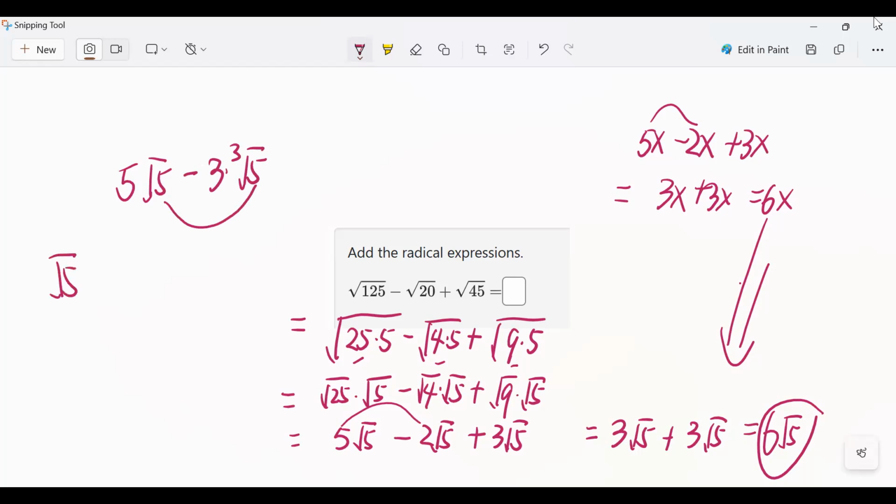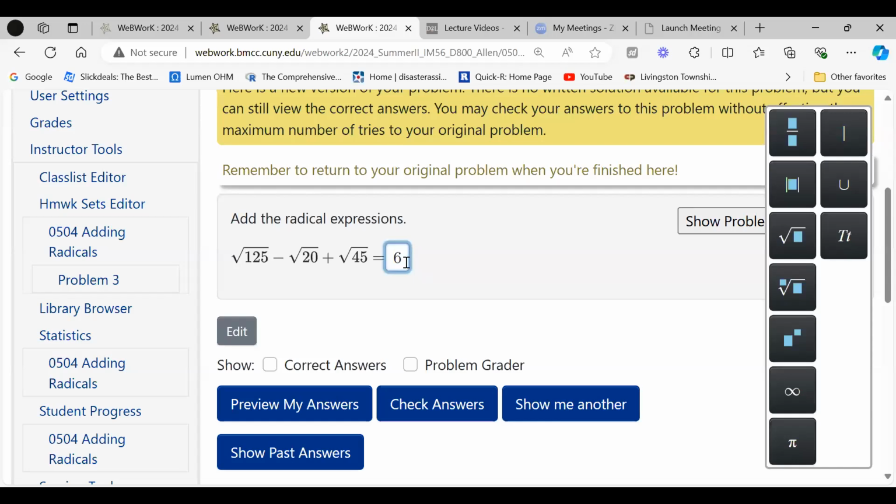Square root of 5 is not the same as cubic root of 5, so you cannot combine them. It's going to be left as is. It's just a little tweak. The index must be the same, and the number must be the same in order to be like terms. So the answer here will be 6 times square root of 5.